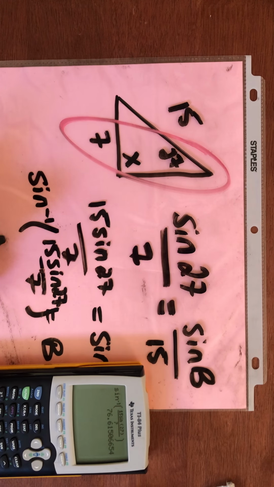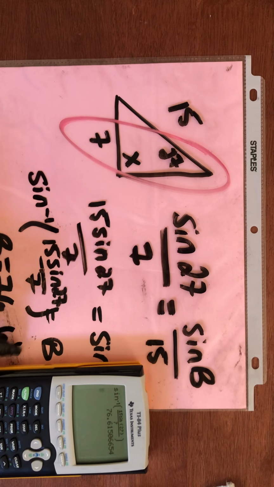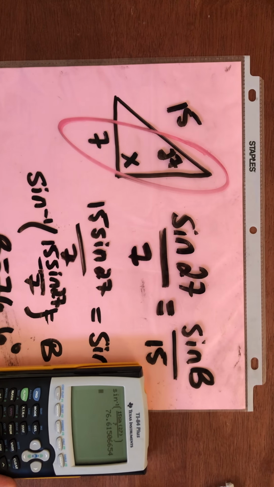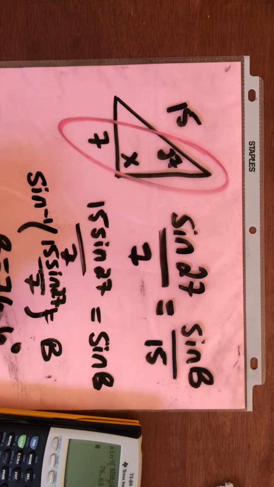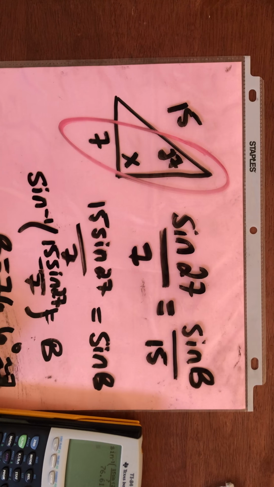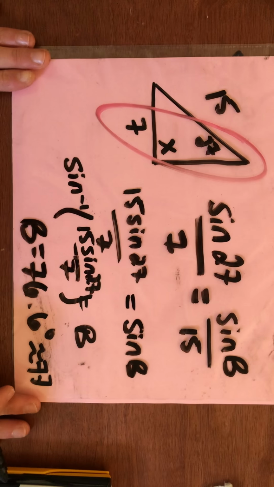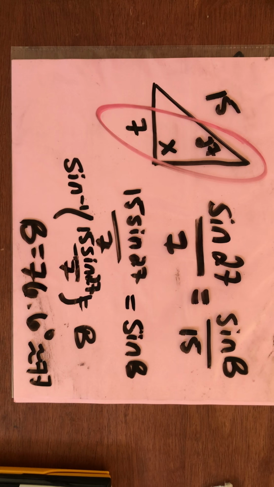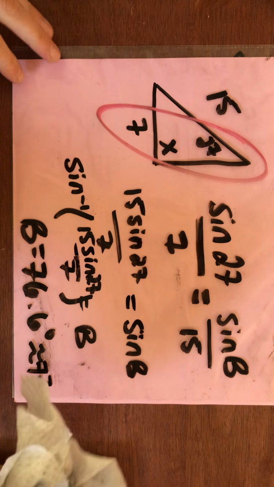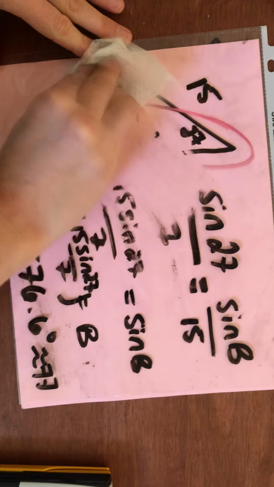And I get B equal to 76.6 degrees, which in this case was about 77. All right, so the key thing for law of sines is you have to make sure you have that pair.